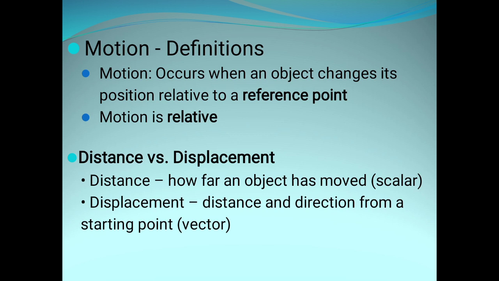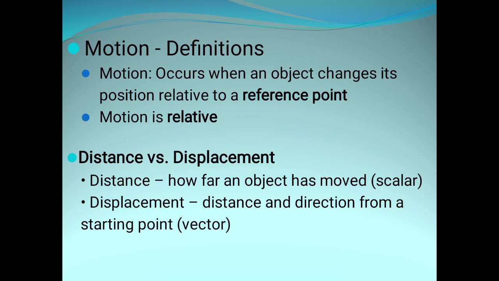Next one, we can see the basic definitions of motion. Motion occurs when an object changes its position relative to a reference point. So motion is always relative. Reference point means we can see the starting point and we can see the movement of an object.